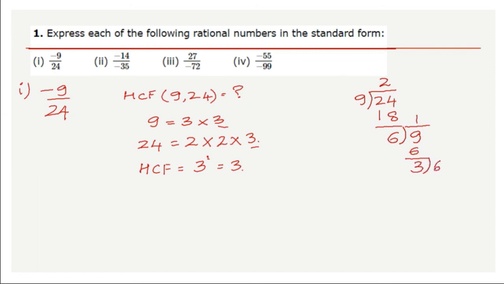When 3 divides 6 two times, I get remainder 0. So the divisor where the remainder has become 0 will be the highest common factor. This is the division method.